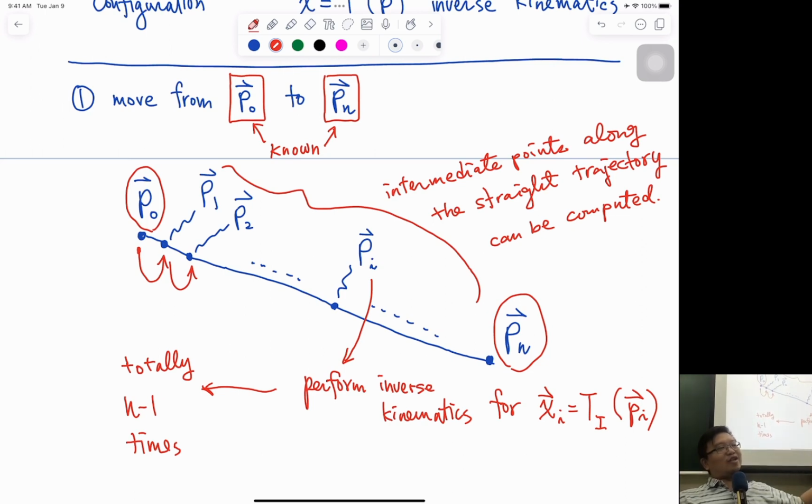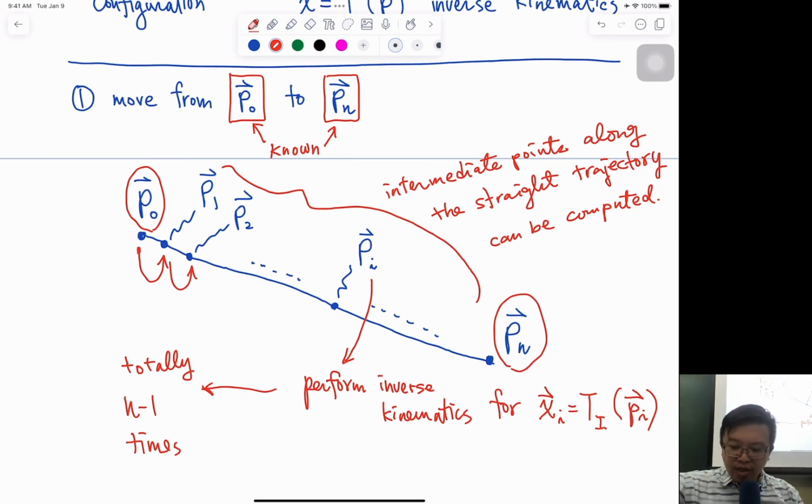Okay, because you didn't tell the controller what configurations to assign between points. So usually for controllers, if you assign a linear motion, it actually cuts this straight line into many small points and performs a lot of inverse kinematics for each point. So the controller, the computer, needs a little time to perform inverse kinematics. Okay?